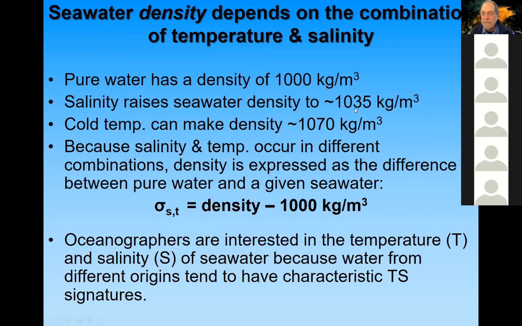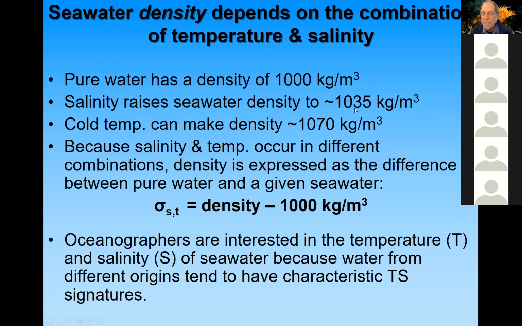So sigma-t is equal to the actual measured density of seawater minus 1,000 kilograms per cubic meter. We subtract this 1,000 kilograms per cubic meter so that we're just looking at the changes of density due to the different effects of salinity and temperature.